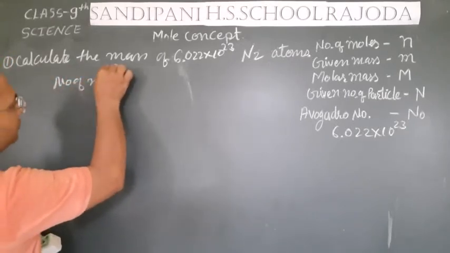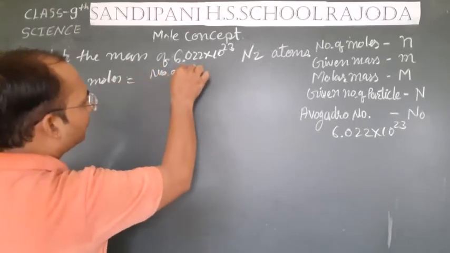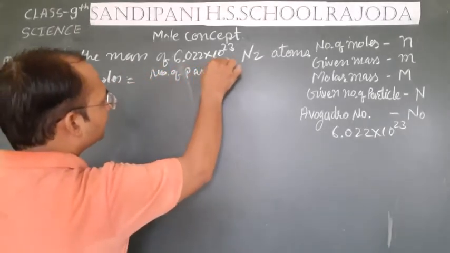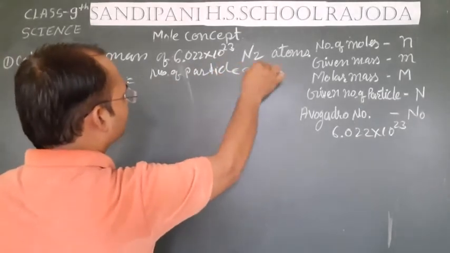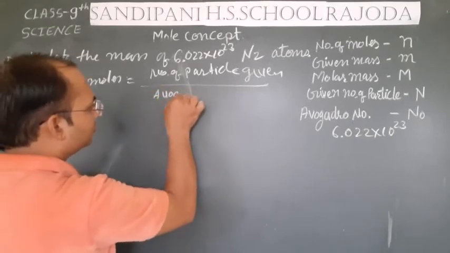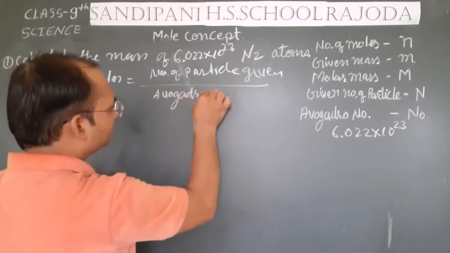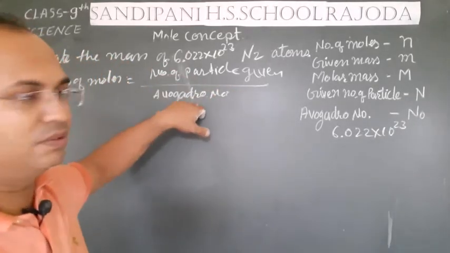Number of moles is equal to number of particles given upon Avogadro number. In this case, students, both numbers are the same.